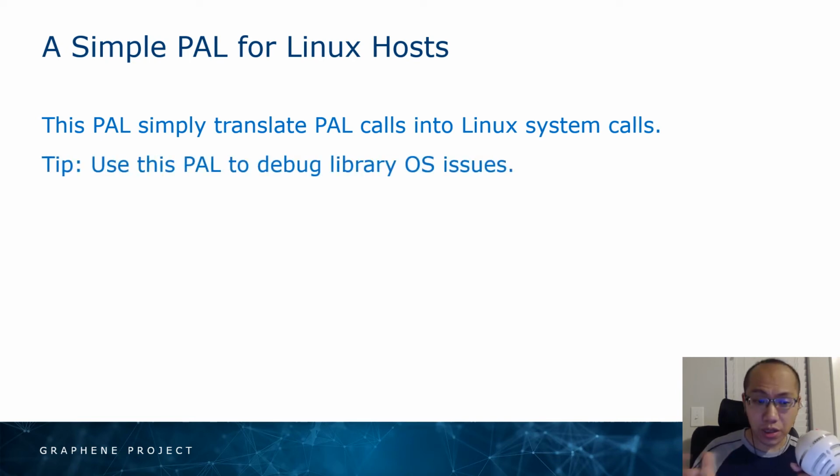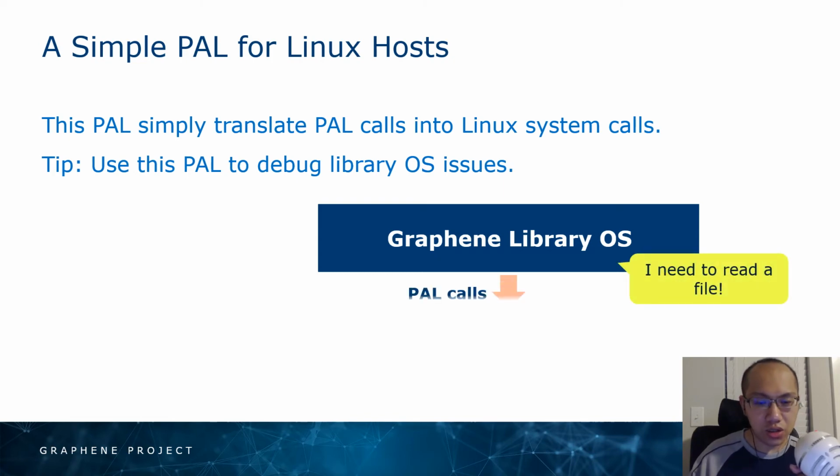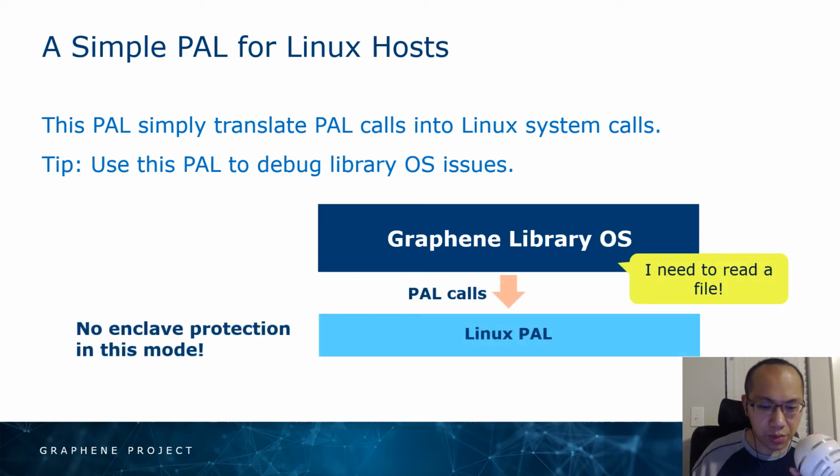So you can use this PAL to debug the library OS itself, because at this point you probably don't want to involve SGX. You simply want to see if there's any issue with the library OS, and then you can run with this Linux PAL. For example, if the Graphene library OS wants to read a file, it can issue PAL calls to this Linux PAL layer.